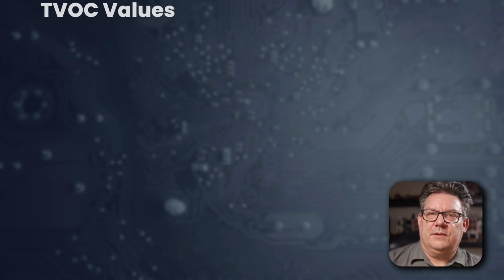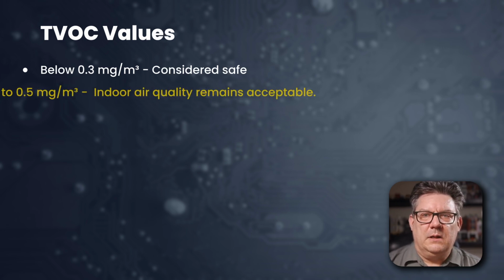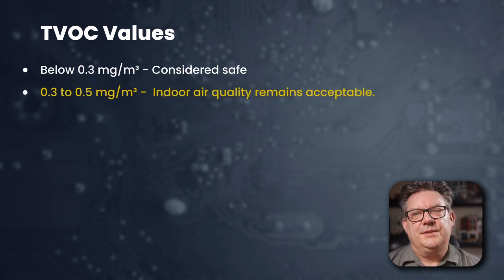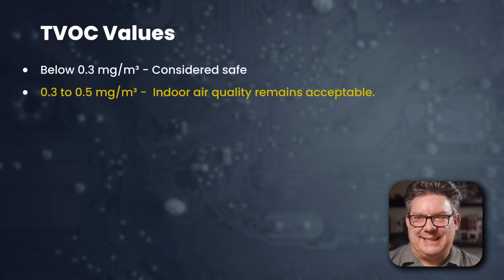Now, let's talk a bit about TVOC, and let's decipher those levels. The recommended safe level is below 0.3 milligrams per cubic meter. At this level, the risk of adverse health effects from VOCs is minimal. From 0.3 to 0.5 milligrams per cubic meter is within range of indoor air quality and remains acceptable.